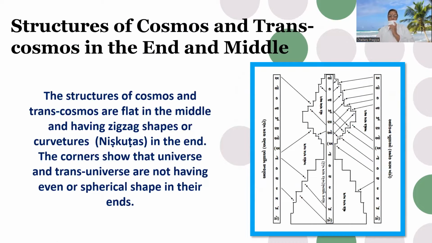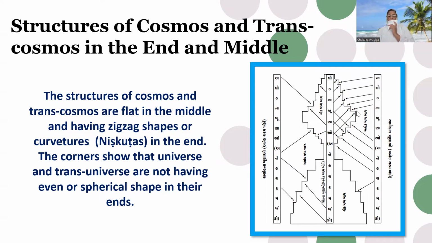We can see here that the universe is also a kind of structure, and this structure looks like a very different shape. What type of shape the universe has, and also there is the supra-universe or trans-universe or trans-cosmos, which is around the cosmos. We can see what kind of structures of cosmos and trans-cosmos have been discussed in this particular chapter.